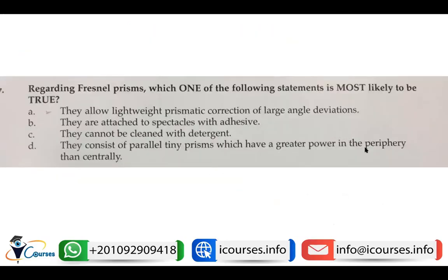Another question about the Fresnel prism. Exactly, as I just mentioned, it is lightweight, allowing correction of a large angle of deviation without using a very large prism that will be ugly.